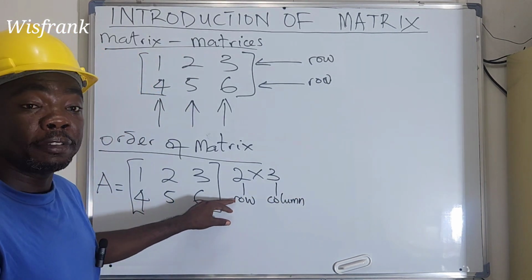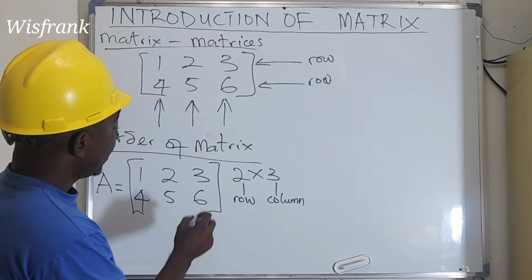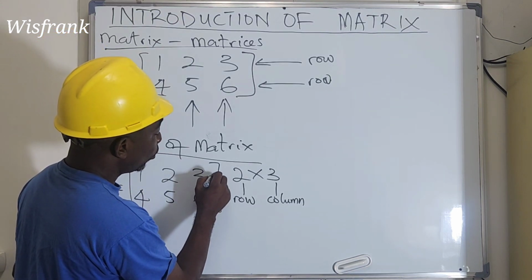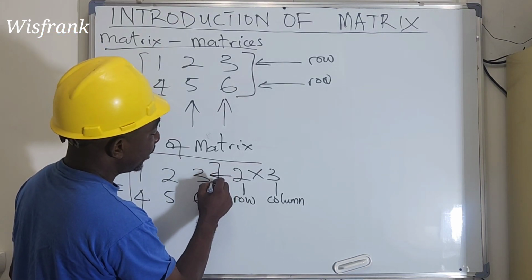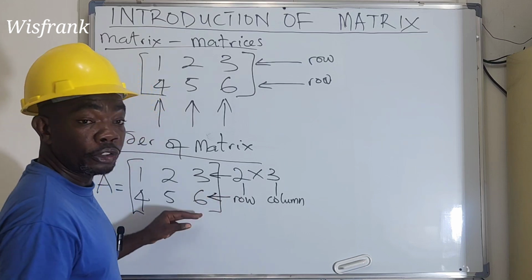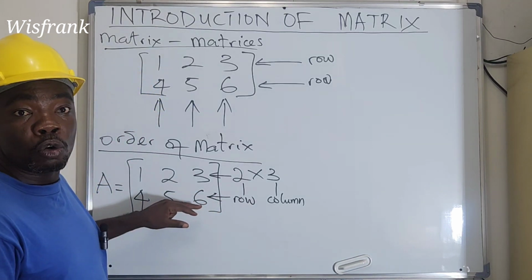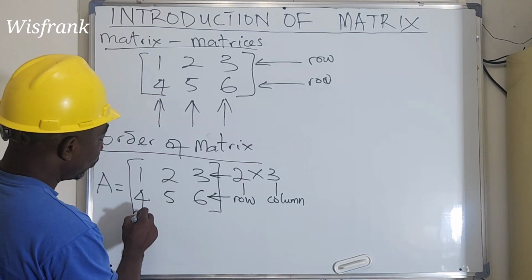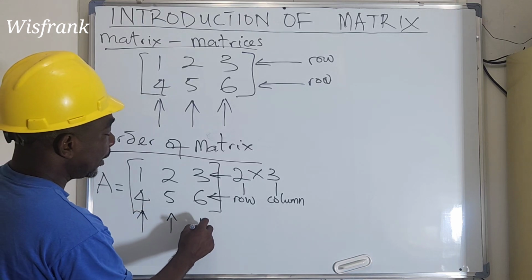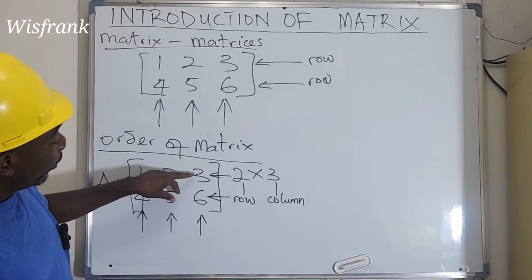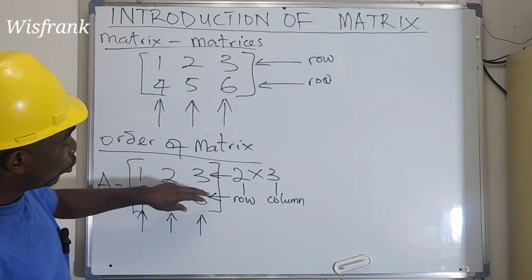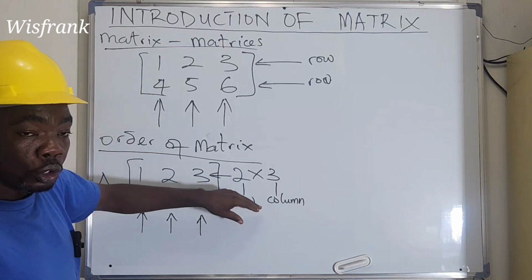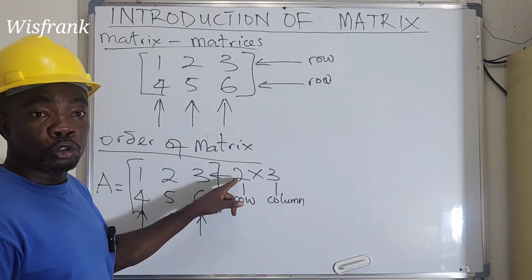So how do we identify that? We are told that the arrangement in the horizontal part is called rows, and the arrangement in the vertical part is called columns. We see that this is 1, 2, so that is why it is called 2.